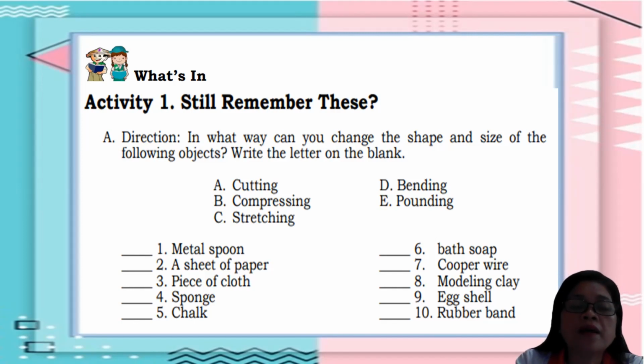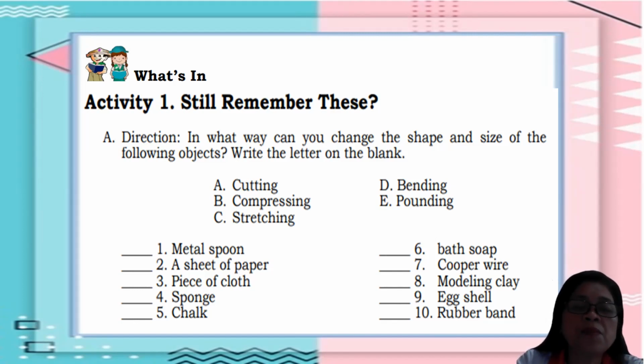So, number 1, in what way you can change the shape and size of a metal spoon? Very good. The answer is letter D, bending. Number 2, a sheet of paper. Good job. The answer is A, by cutting a sheet of paper, the shape and size will change.